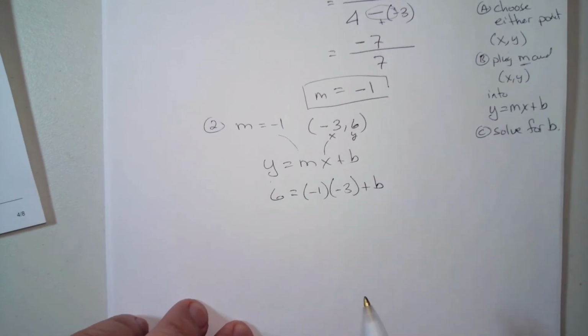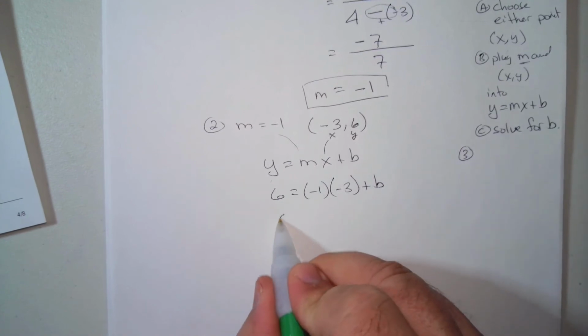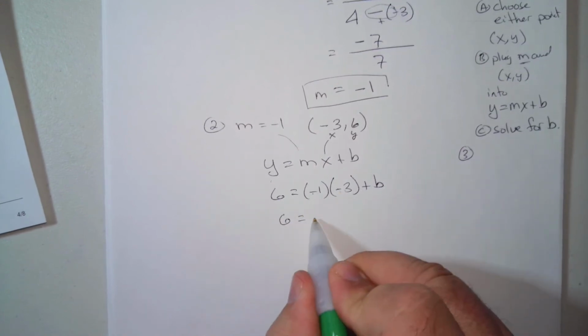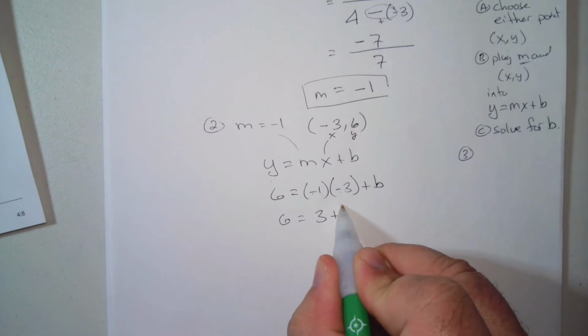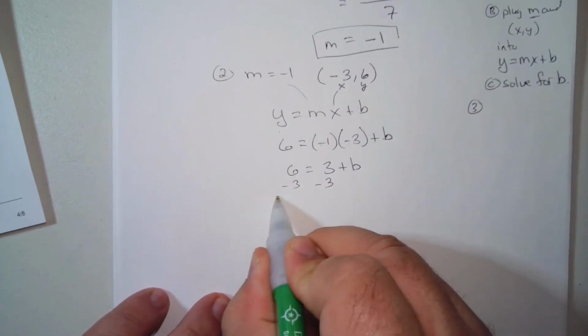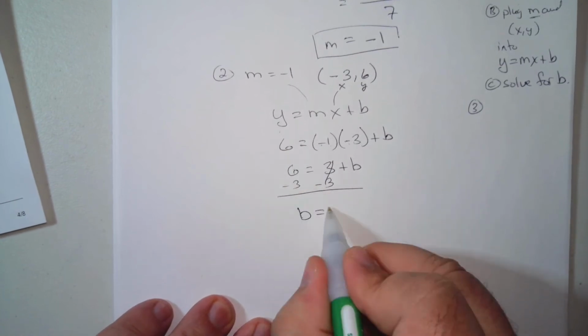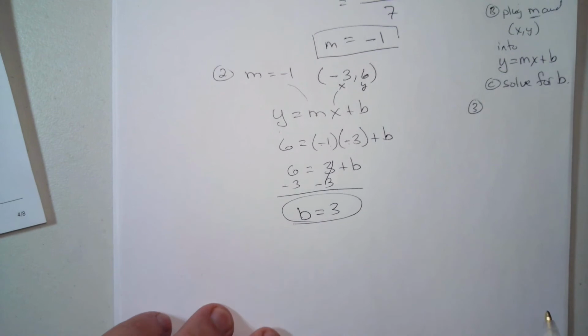Now solve for b. So we have 6. Negative, negative is a positive. 1 times 3 is 3. Subtract 3 from both sides. So 6 minus 3 is 3. So there's b.